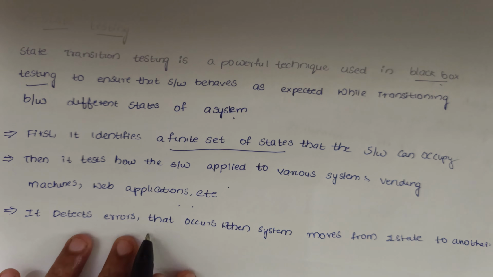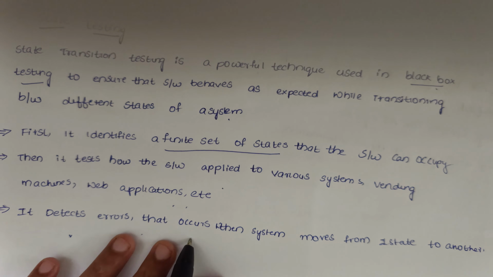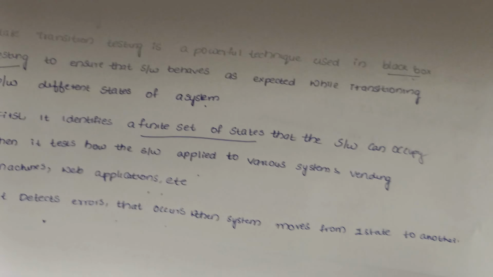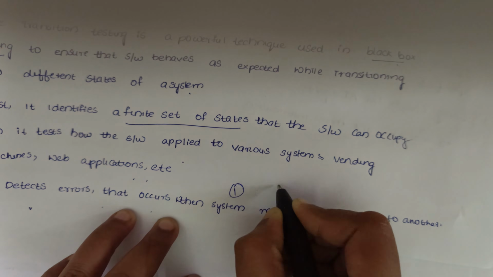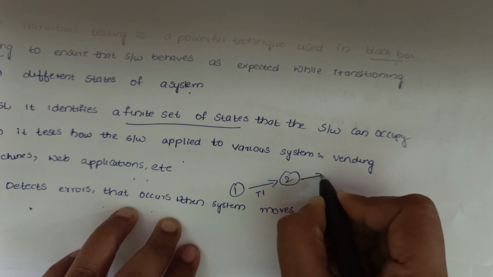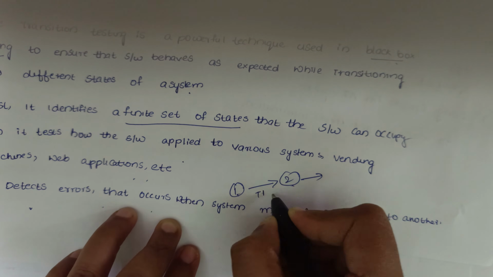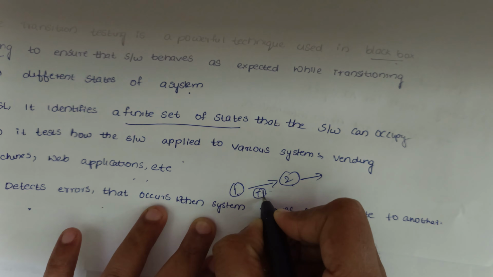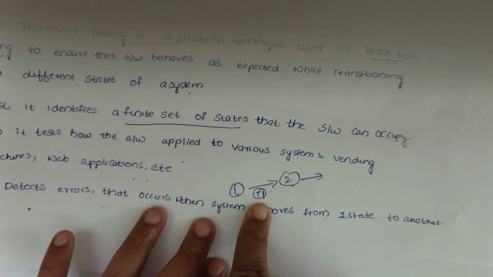It detects errors that occur when a system moves from one state to another. If this is one transition state, moving from 1 to 2, when an error occurs, it can detect it.